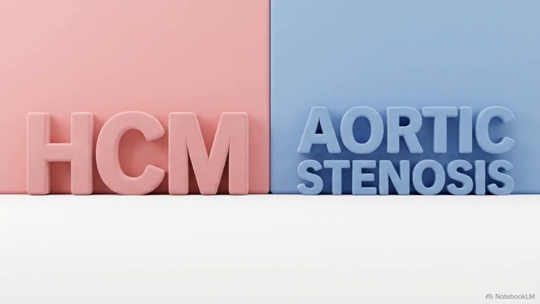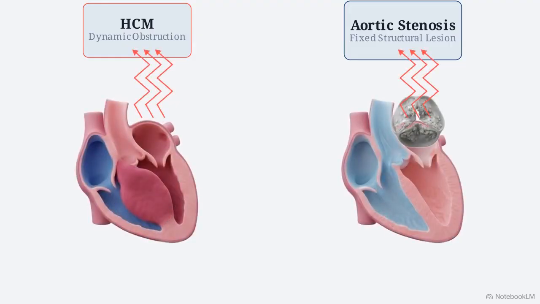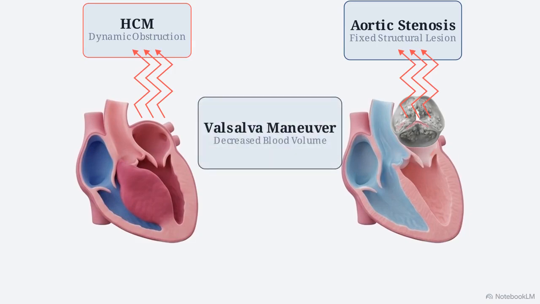To isolate HCM, we have to contrast it with the primary differential diagnosis, aortic stenosis. This side-by-side comparison shows the dynamic HCM ventricular wall on the left and a rigid calcified aortic valve on the right. Aortic stenosis is a fixed structural lesion. The valve is stiff and cannot easily flex. Watch what happens when we reduce fluid volume in both models.